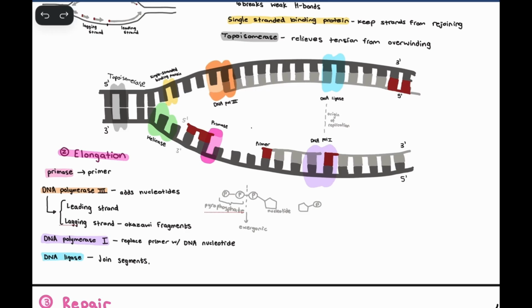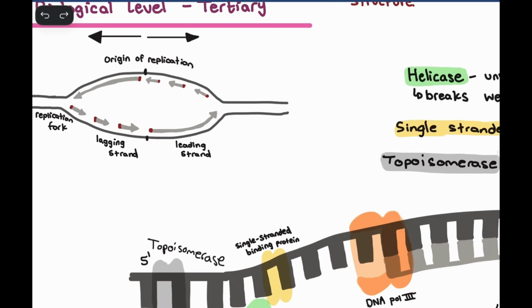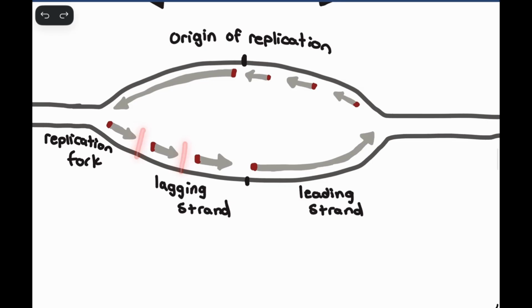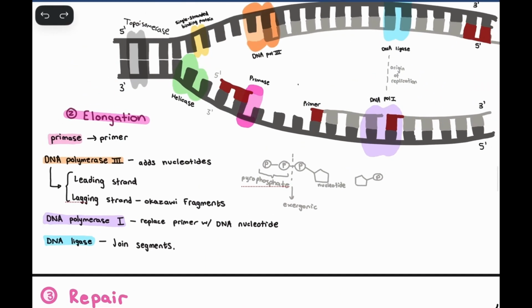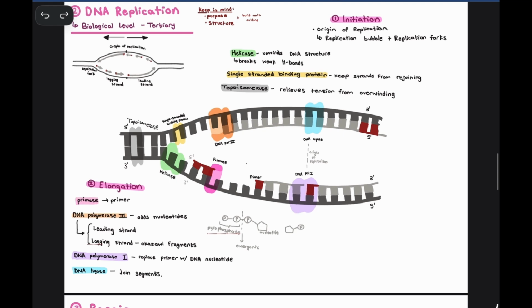And then following that, once all the RNA primers are gone and everything has DNA nucleotides, the gaps that join these Okazaki fragments, as well as join the leading strand to the lagging strand in the middle, are all joined together by DNA ligase, which is basically like glue. So, in all, initiation and elongation have prepped the DNA molecule to synthesize a new DNA molecule.